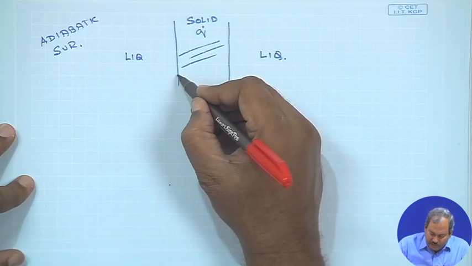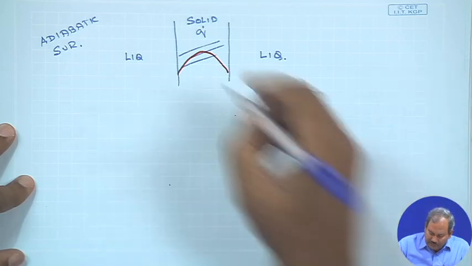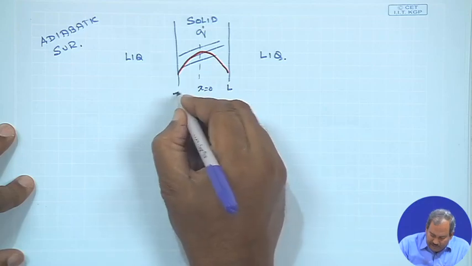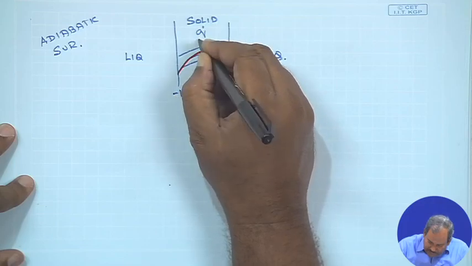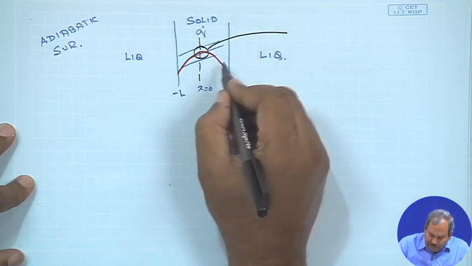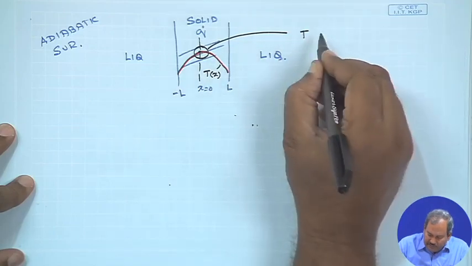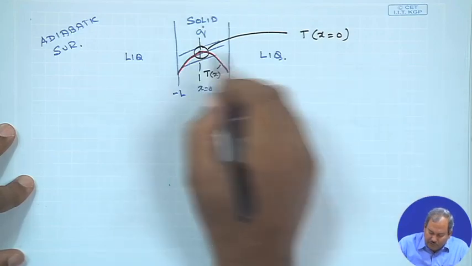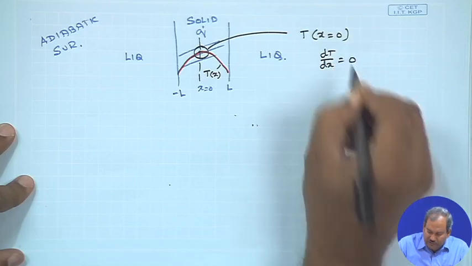I would show you later on, but the profile would look something like this, with the center line passing, let us say this is at x equals 0, this is at x equals L, this is at x equals minus L. When you consider this plane which is located at x equal to 0, this is your temperature versus x profile. At this point, T at x equals 0, if you see close to this location, what you would see is dT dx is equal to 0.